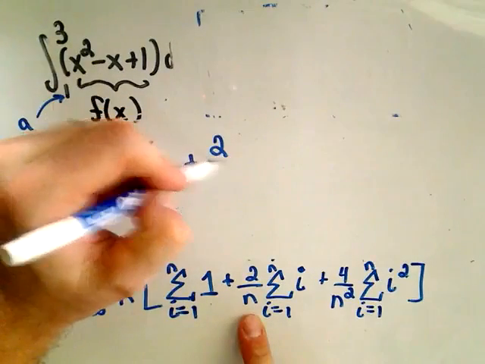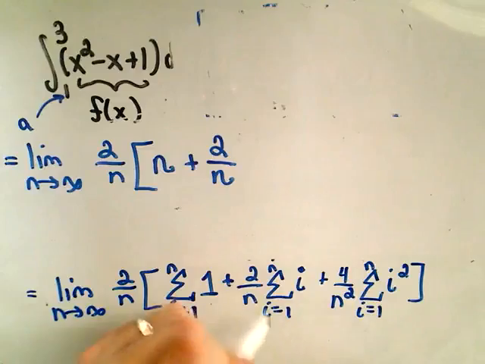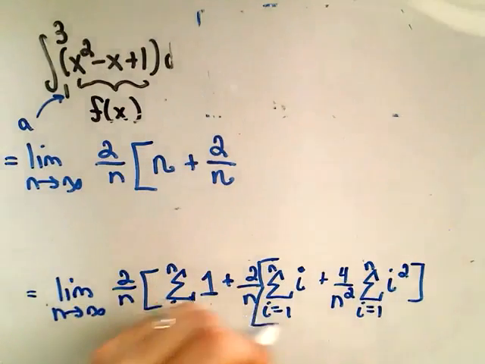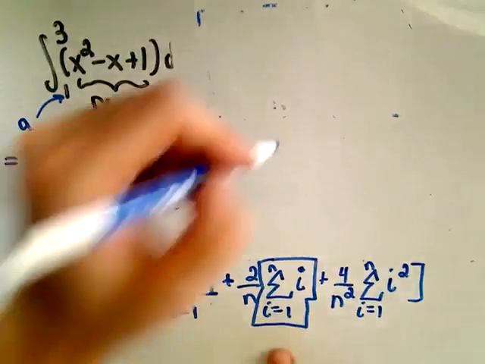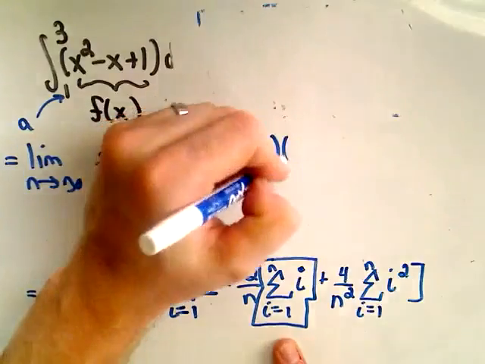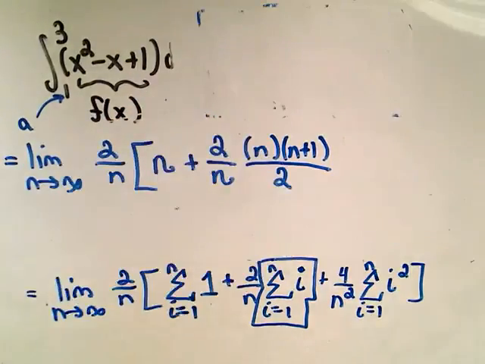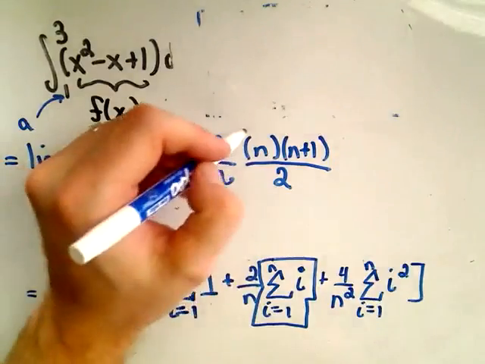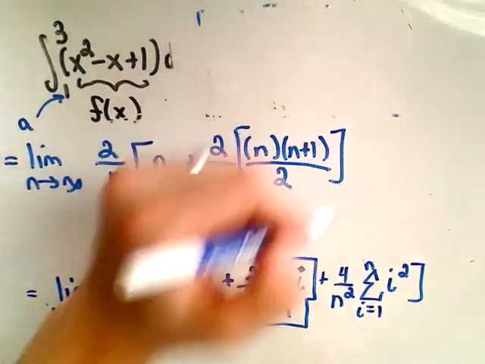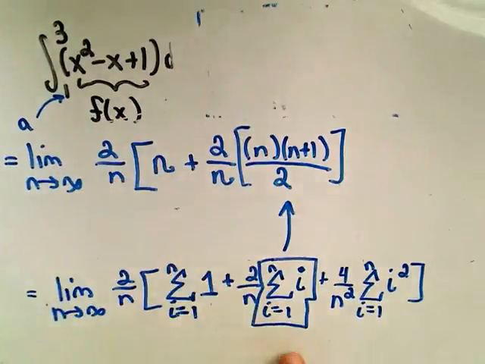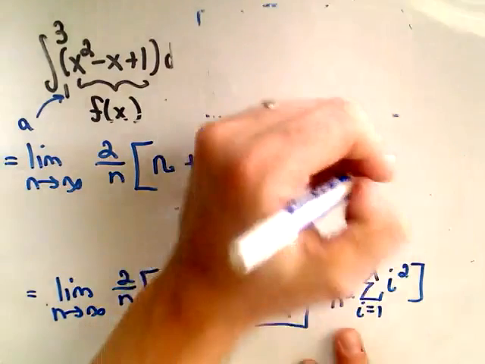Then I have my 2 over n, but again, we said we can replace the summation from i equals 1 to n with the value n times n plus 1 over 2. Okay, so all of these are equivalent values. So this is a shortcut for calculating the summation.